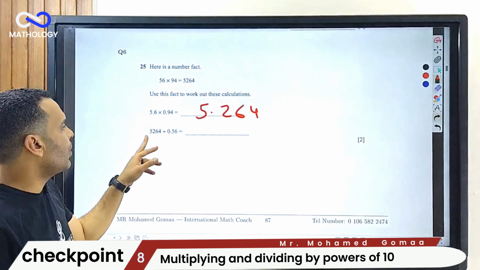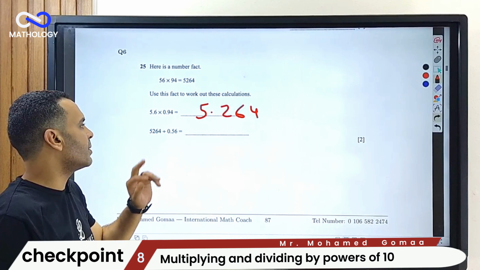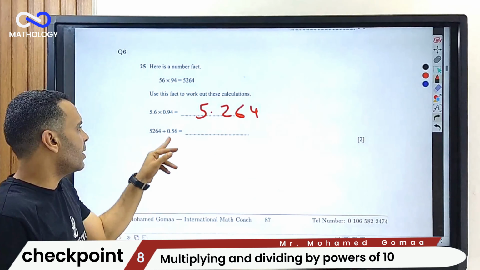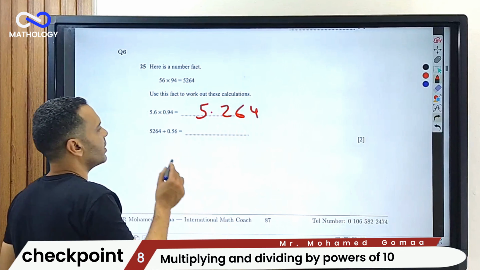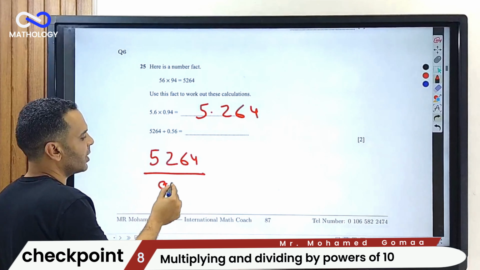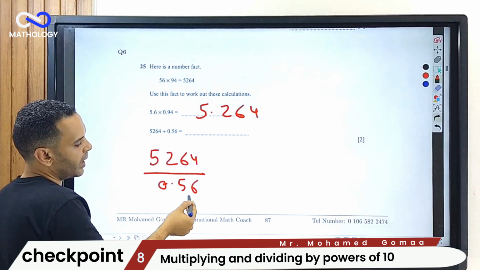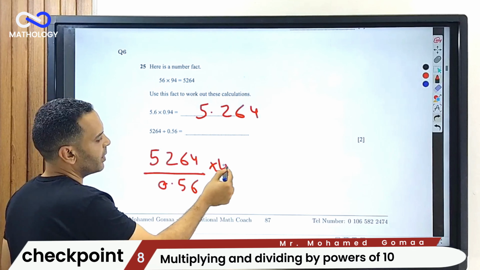Okay, if we want to divide 5264 by this decimal number, the divisor is decimal, so you have to cancel out the decimal point. Write this operation as a fraction. To cancel this decimal point, multiply by 100, and here multiply by 100.